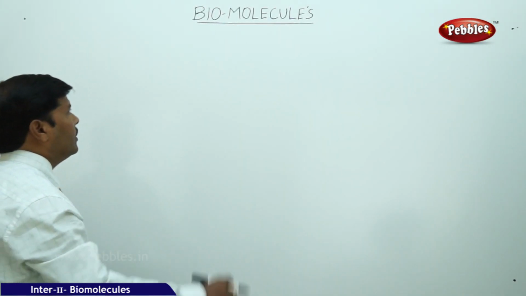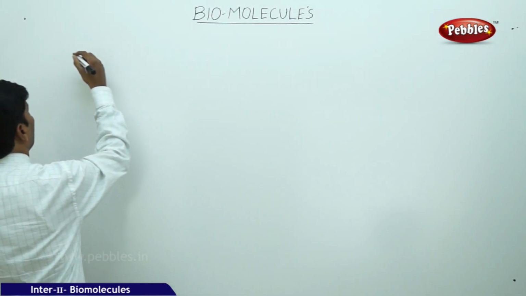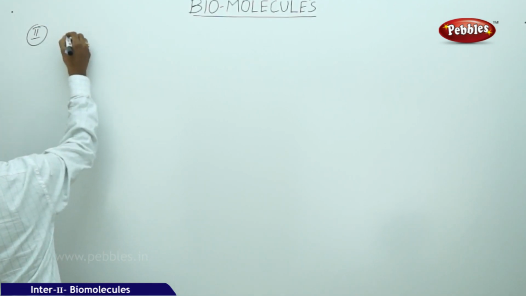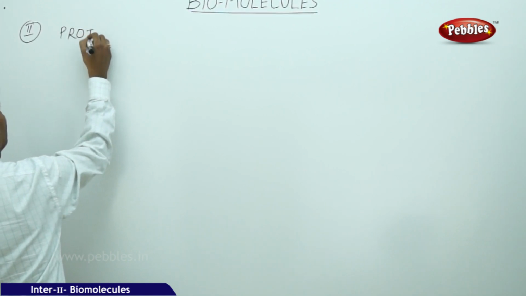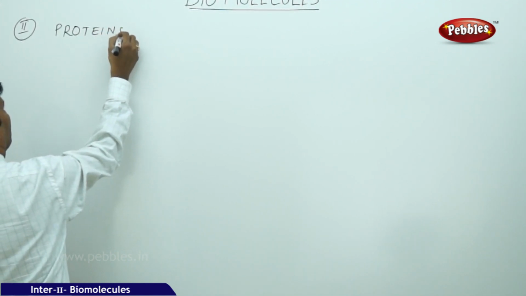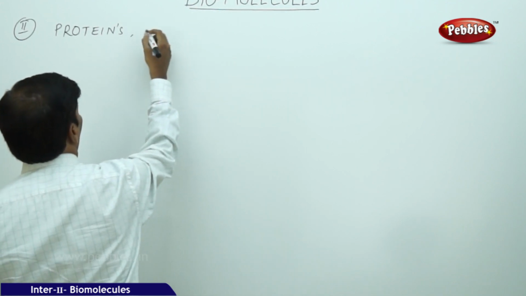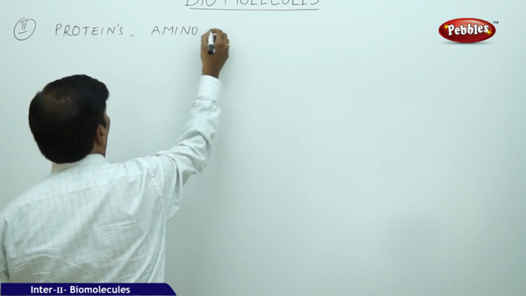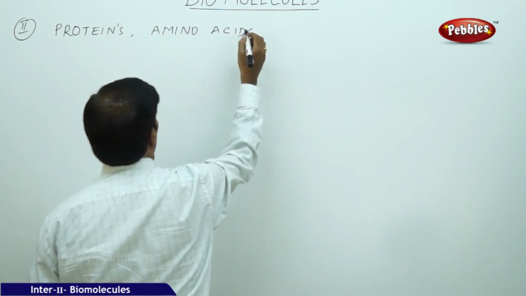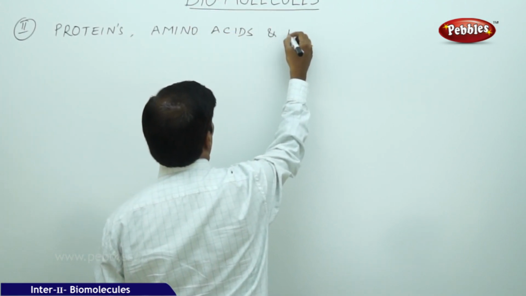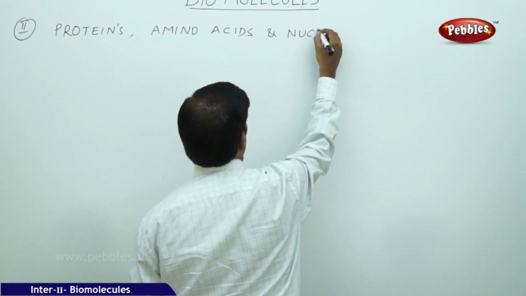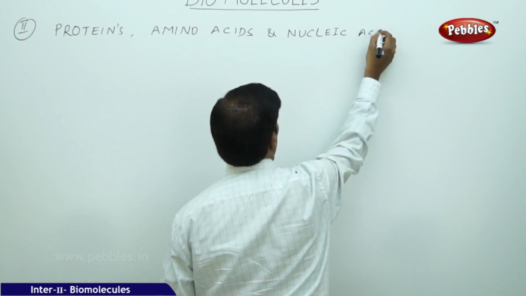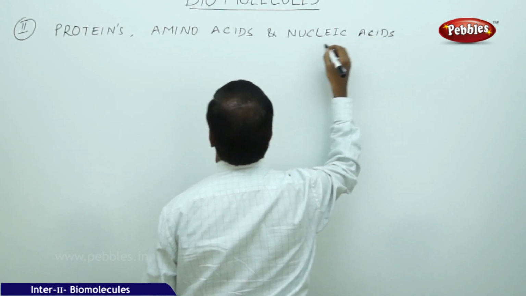So here, the next part of the discussion, that is the second unit of the discussion, is proteins, amino acids, and nucleic acids.